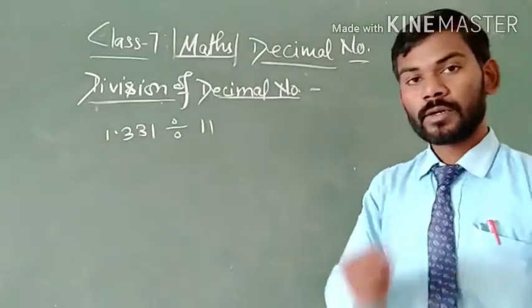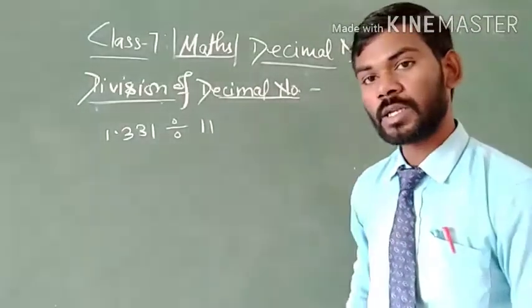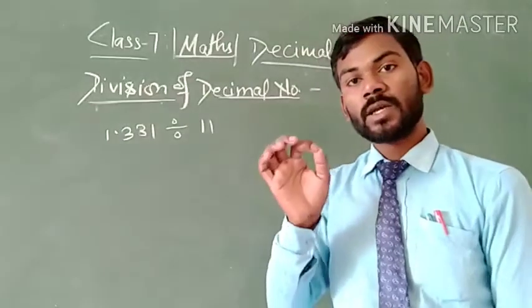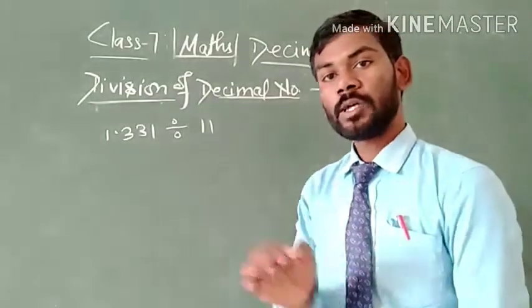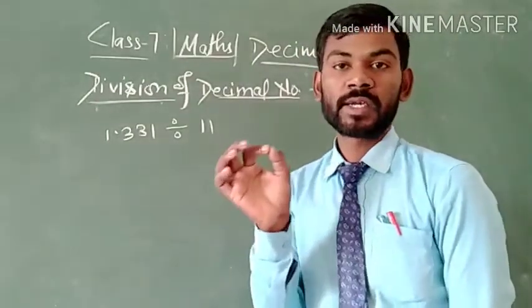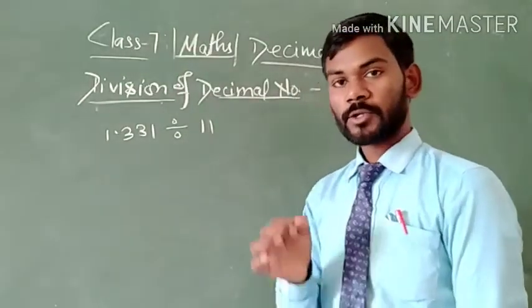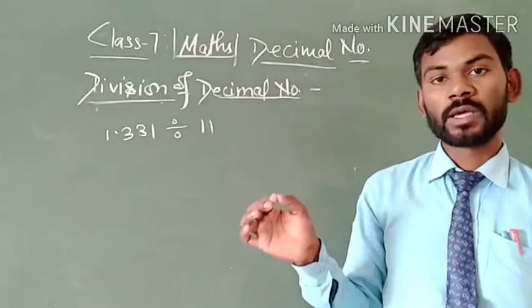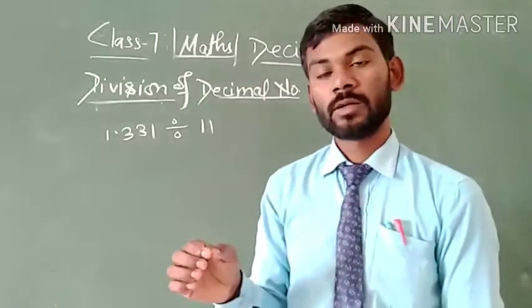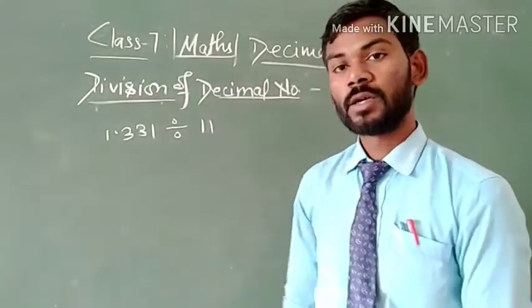Whenever we start its division, our first aim must be to remove the decimal from our question. So let us see how we remove the decimal from the given number.